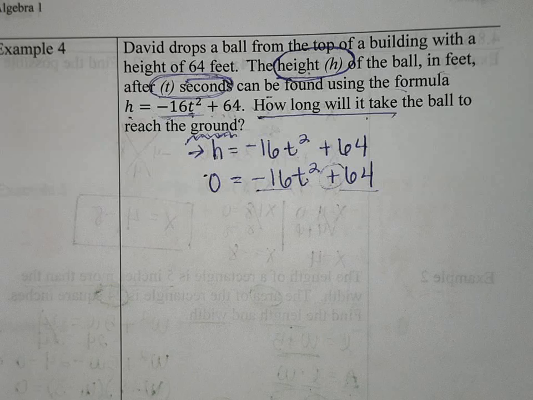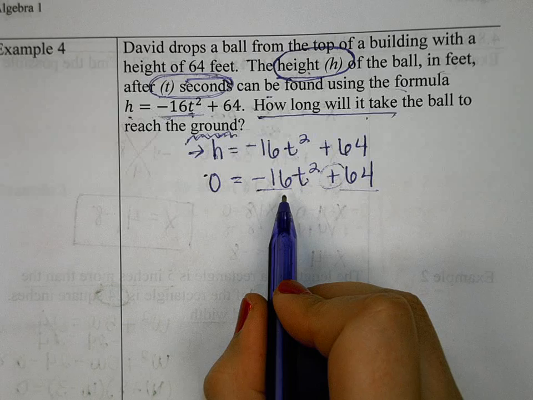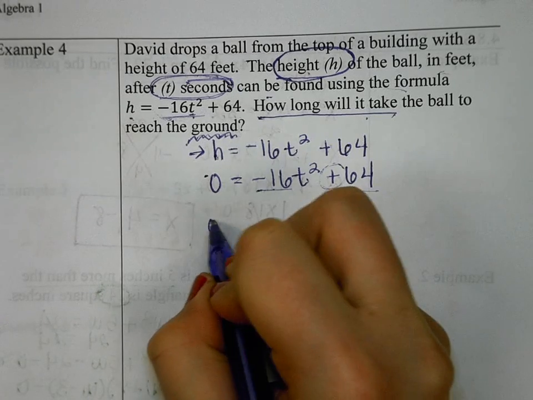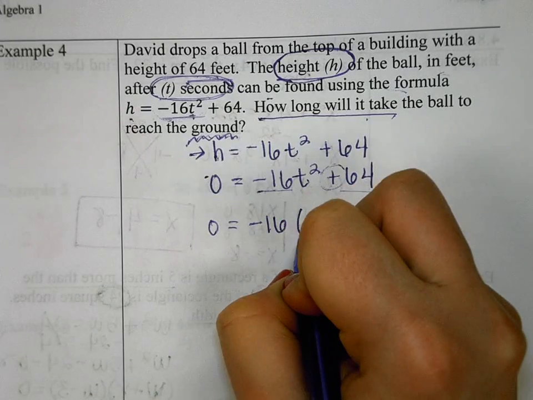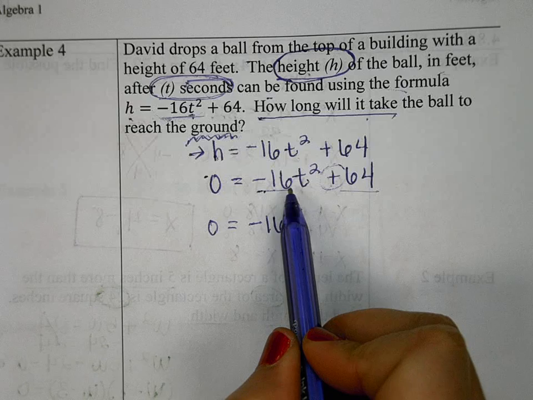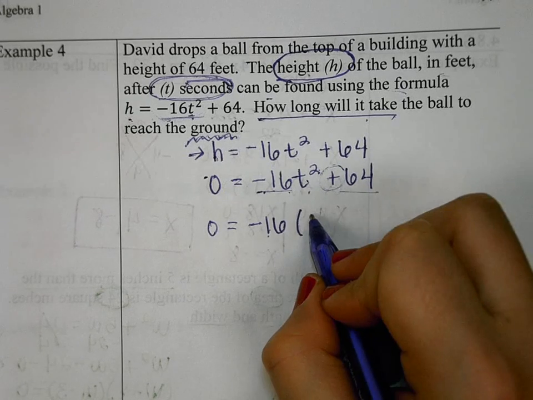Let me fill you in on a little tip. We never want t squared to be negative. So instead of pulling out a positive 16, you always want to pull out the negative 16. Okay? So then let's see what happens. When I divide negative 16 t squared by negative 16, what am I left with?